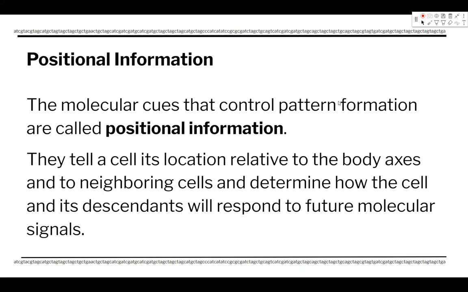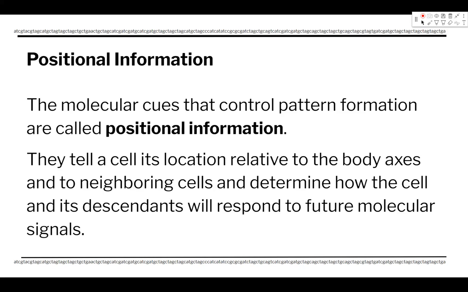In addition to pattern formation, we've got the actual cues that help determine pattern formation, called positional information. So positional information gives our embryo the information it needs to create its pattern. This positional information tells a cell where it is relative to the body axis, right?